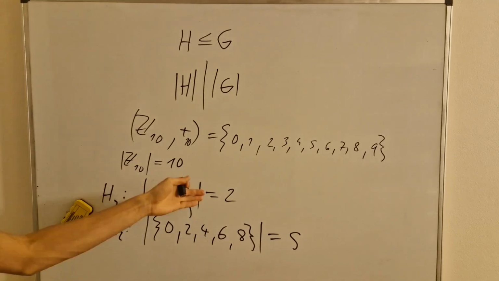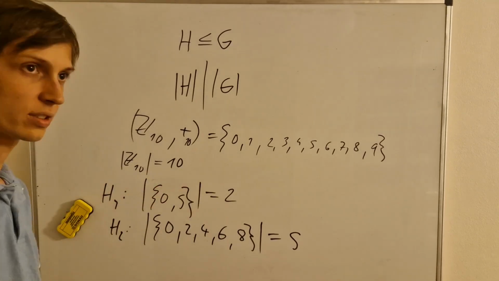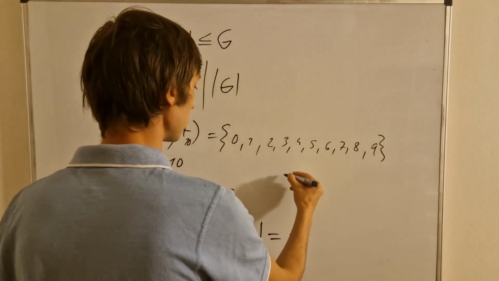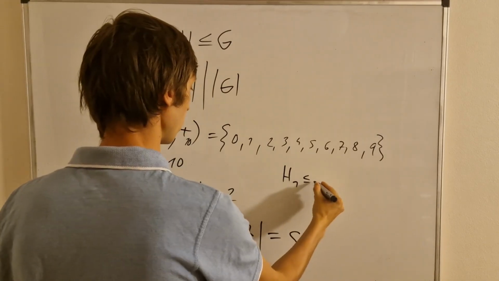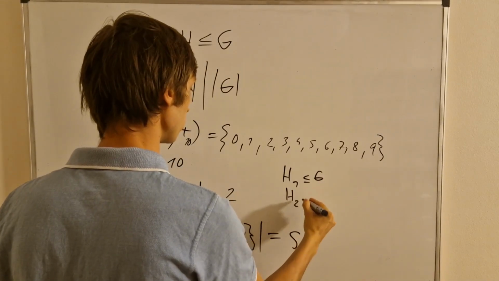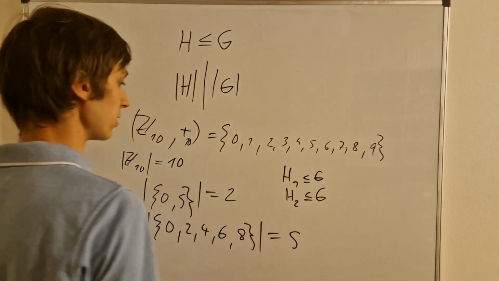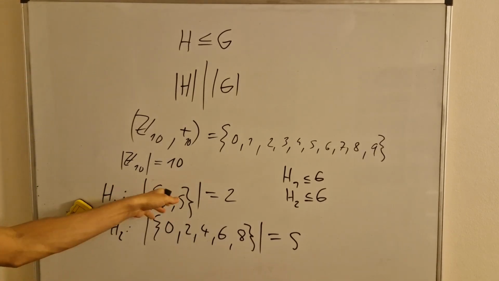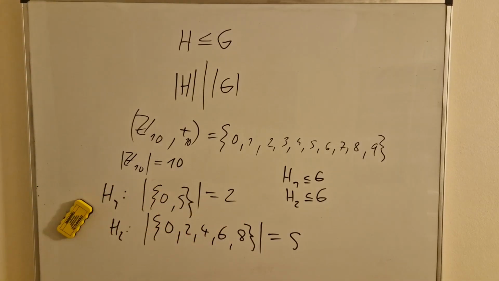So H1 is our first subgroup. Both are going to be subgroups of G, just to make sure that we clearly state it. So this doesn't look like some arbitrary sets. We actually know what they are. They're both subgroups of G, consisting of proper subsets of the underlying set of G. They're not just trivial subgroups.